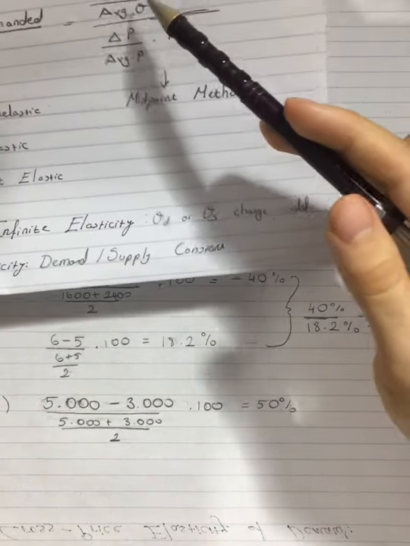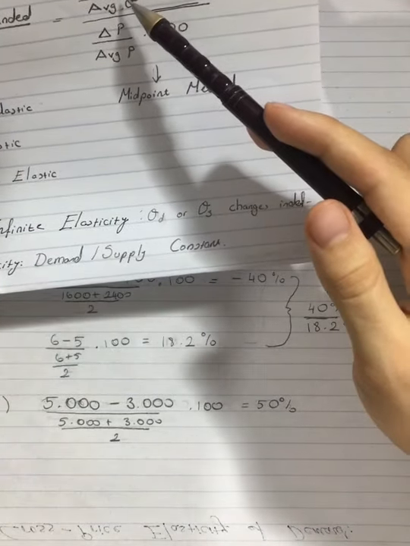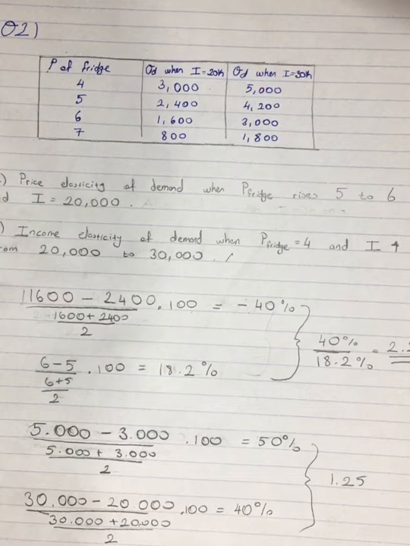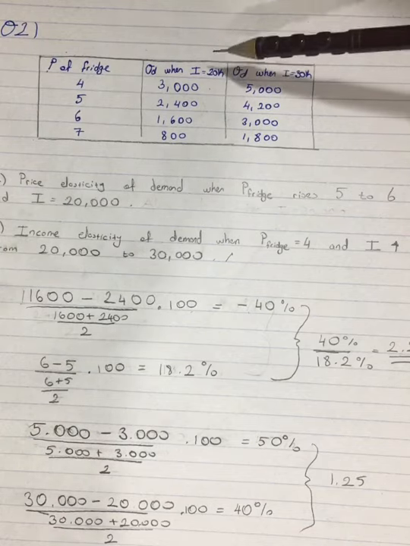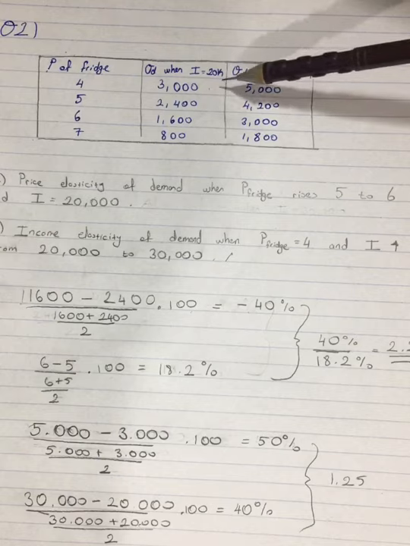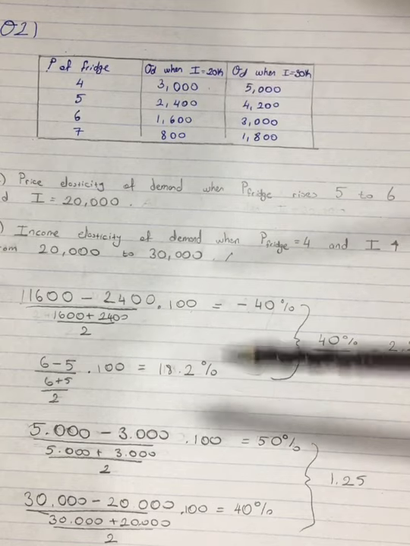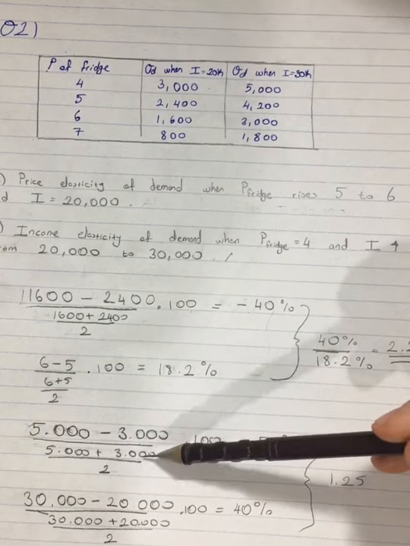Again, let's find the top part, the change in the quantity demanded over the average quantity. What's the change in the quantity demanded? When our income rises from here to here, there is a 2,000 unit increase. What's the average quantity?